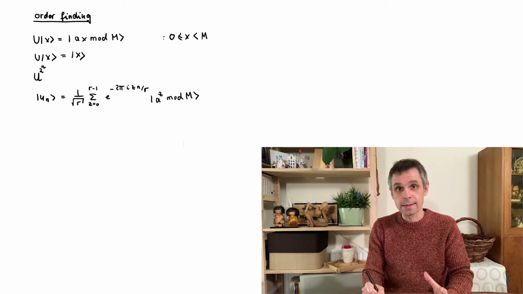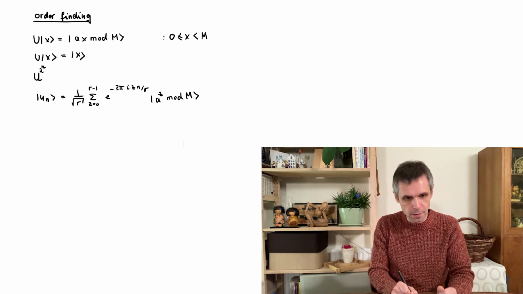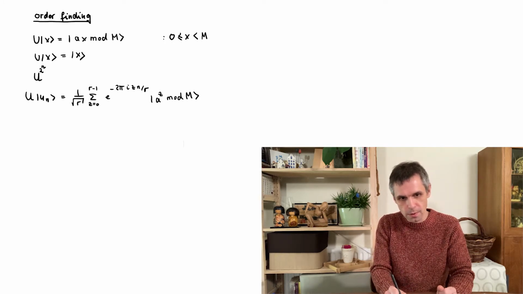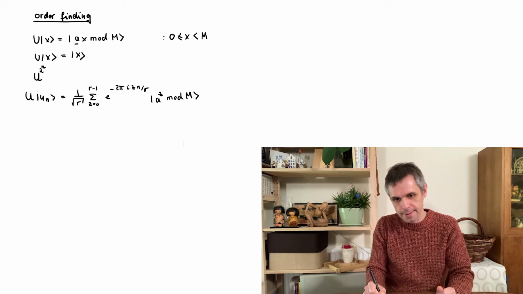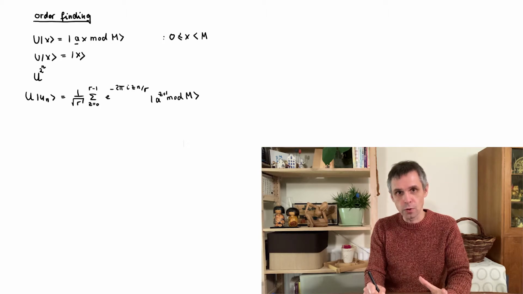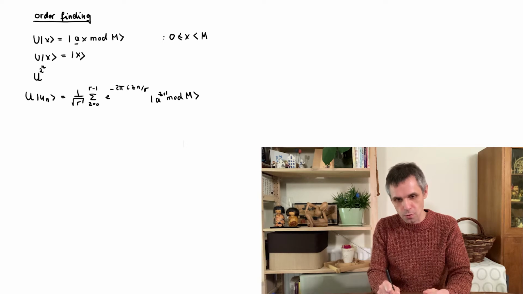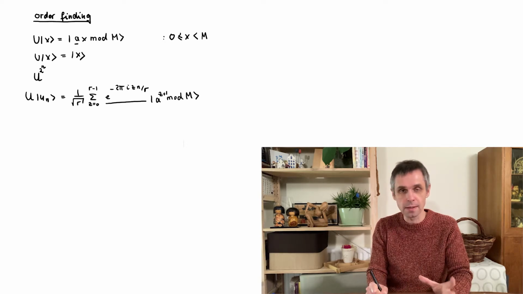And we can then check that this is indeed an eigenstate by applying the operator U. So this gives us an additional multiplication by a in here, and in other words we obtain here the power z plus 1. And now we can relate this to our original state by shifting the summation index z. We are allowed to do so because these factors here wrap around the unit circle, so this is indeed periodic with period r also in this variable z.